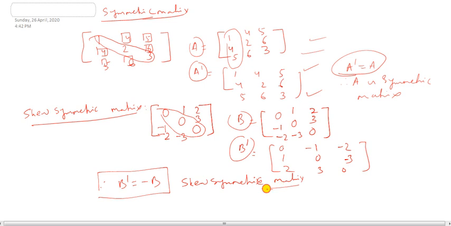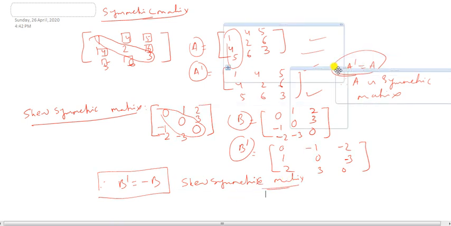Okay, so let me solve some of the important theorems related to symmetric and skew symmetric.